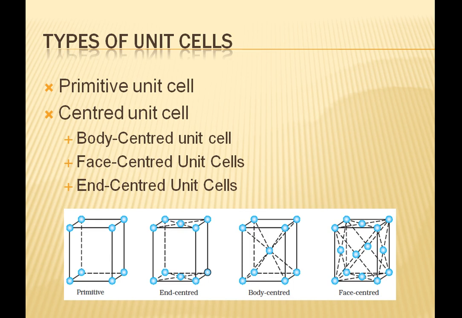We have mainly two types of unit cells. One is the primitive unit cell and other is centered unit cell. In primitive unit cell, the constituent particles are present on the corners of a unit cell. Centered unit cell is further of three types. Body centered, where constituent particles are present at the corners as well as at the center of the unit cell.